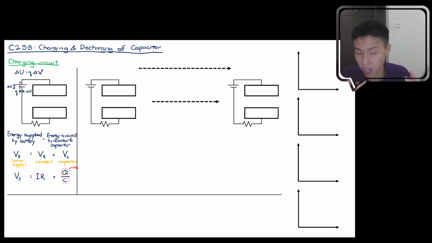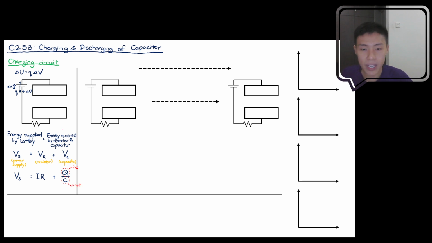Let's say you change the area of the capacitor, you change the distance between the capacitor plates, or you insert some kind of dielectric inside the capacitor. So if you're doing nothing inside the capacitor, you're just connecting a power supply and charging it, the capacitance value shouldn't change. So therefore, this C over here should be a constant.